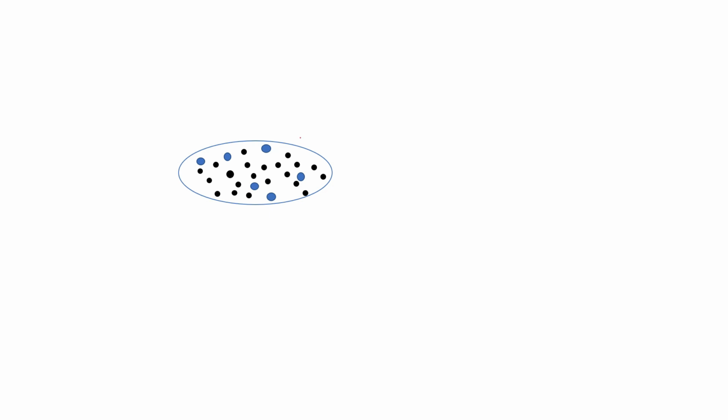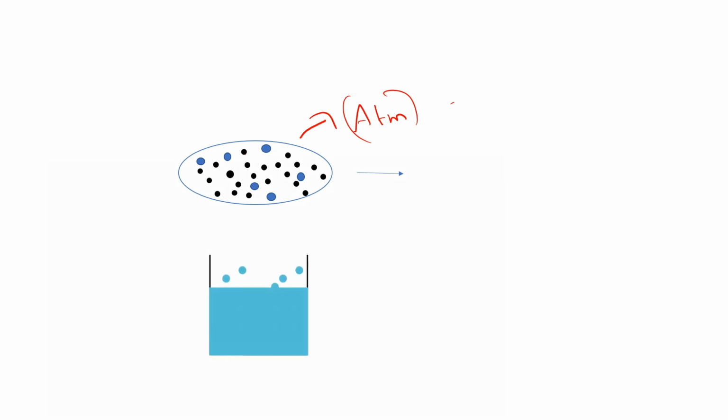If you take the atmosphere, you can see that there will be water vapor, in blue color, and also oxygen molecules, nitrogen molecules, etc. This atmosphere will exert a pressure downward, which causes some of the vapor to enter into the liquid, getting converted to liquid.